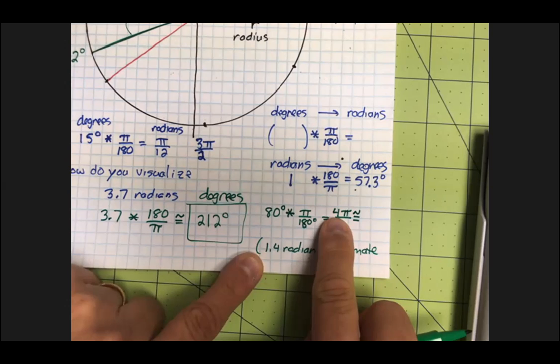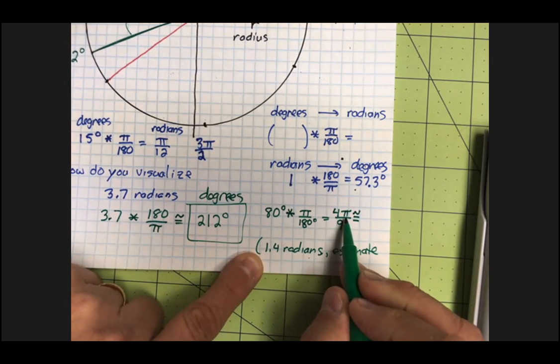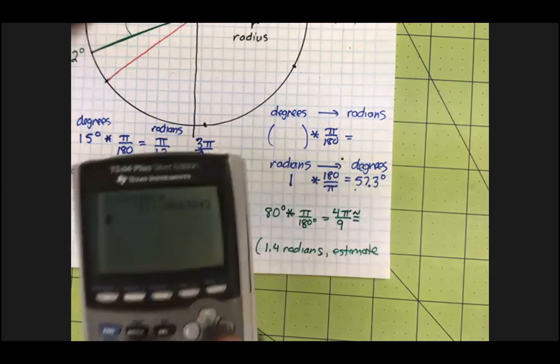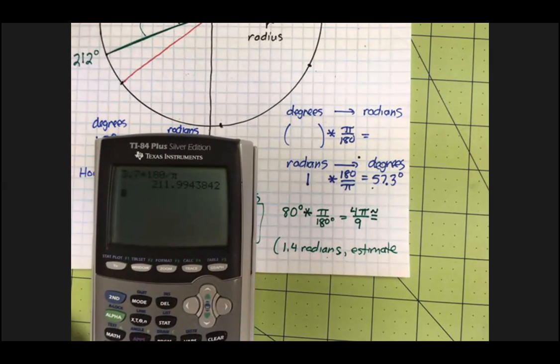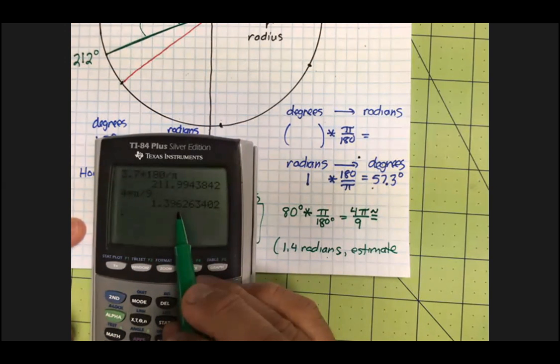I'm going to have to multiply 4 times pi and divide by 9. 4 times pi is a little bit more than 12. 12 divided by 9 would be a little bit more than 4/3, about 1.3. Let's do the actual calculation. 4 times pi divided by 9. 1.396.